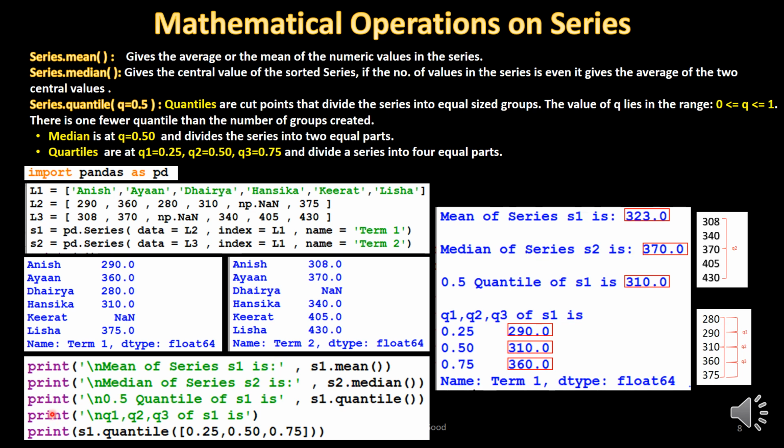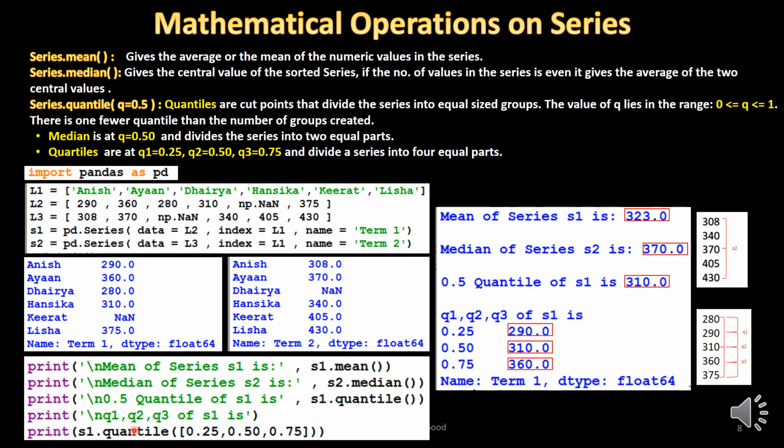The next statement print S1.quantile will by default give the 0.5 quantile, that is the median of the series. It will arrange the not null values in the series S1 in ascending order and will then give the central value, which is 310, as the 0.5 quantile of the series S1.